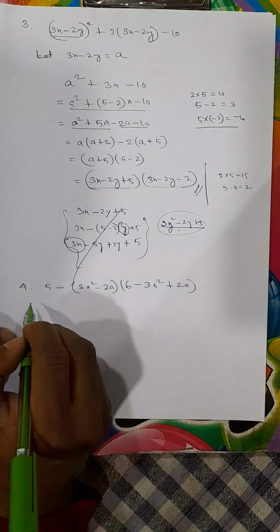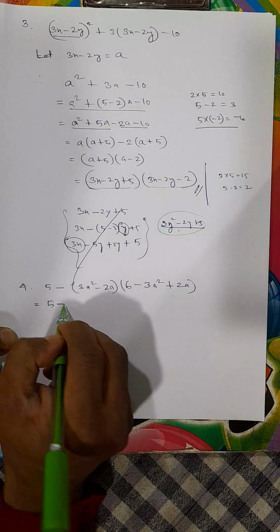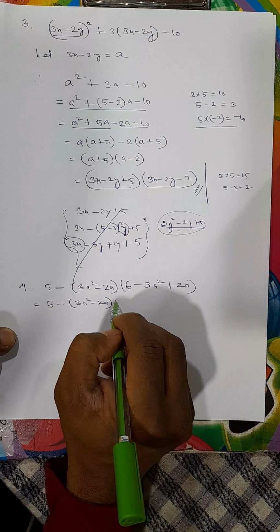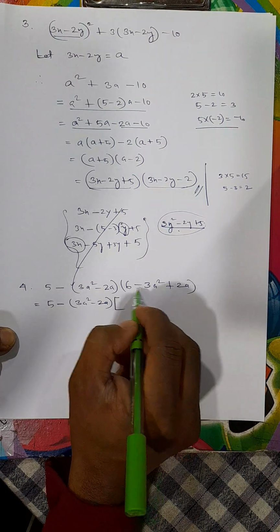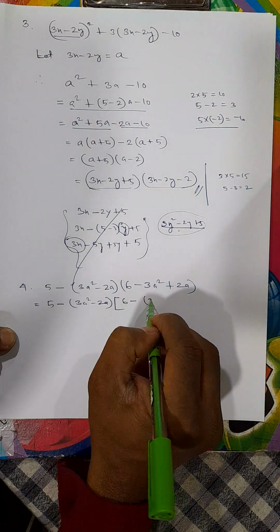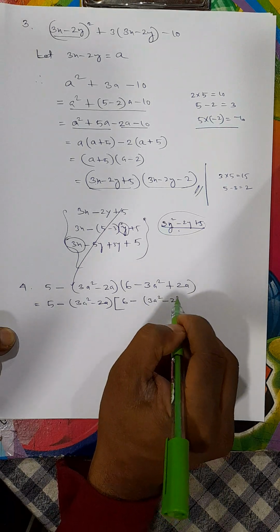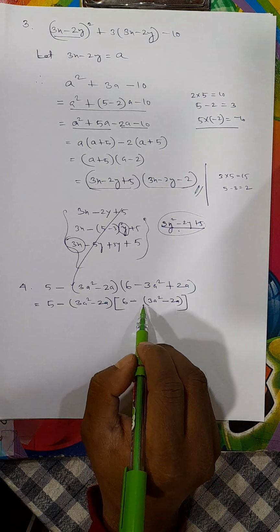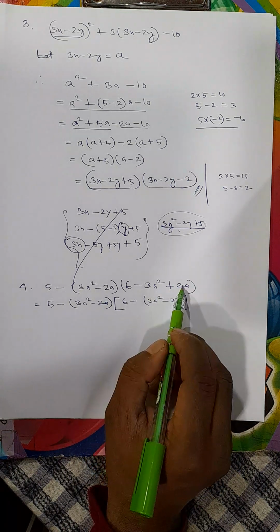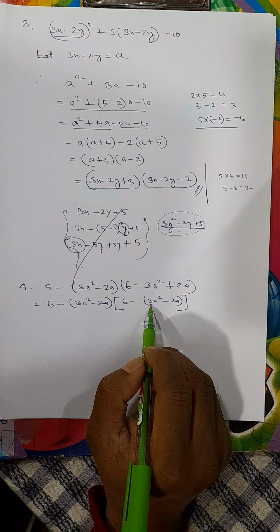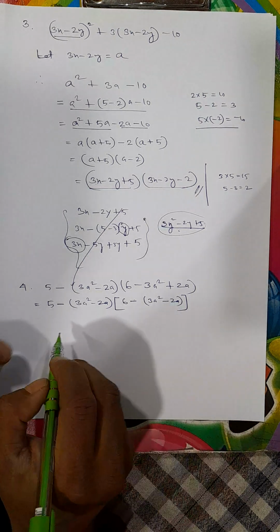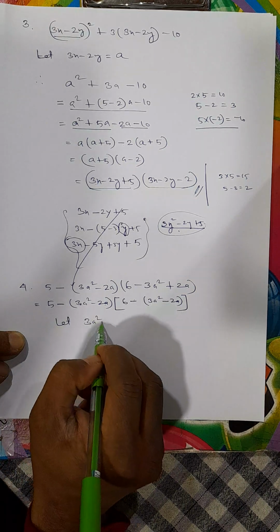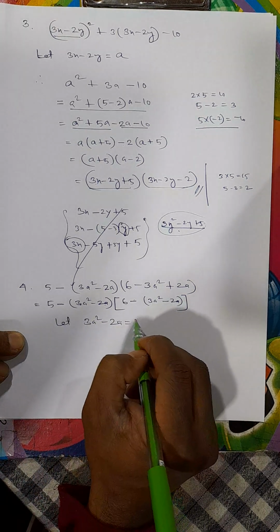So you see 5 minus (3a square minus 2a), then this term can be written as 6 minus (3a square minus 2a), right? Minus minus plus. So if you put these two terms within brackets, this becomes 3a square minus 2a. Now we got a common term here, right? So let 3a square minus 2a equal to, suppose, y.